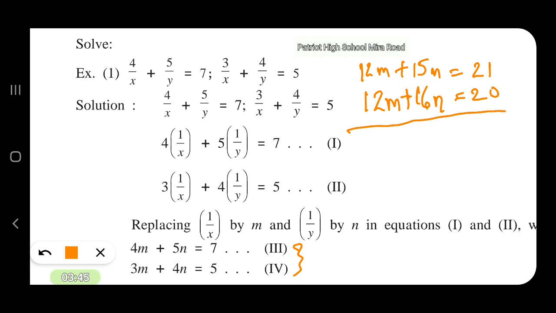Subtracting this equation from here, we have to change all the signs of the lower equation. So this will get eliminated, 12m and 12m, because of the opposite signs, and here we get minus n is equal to 1. Therefore n is equal to minus 1.